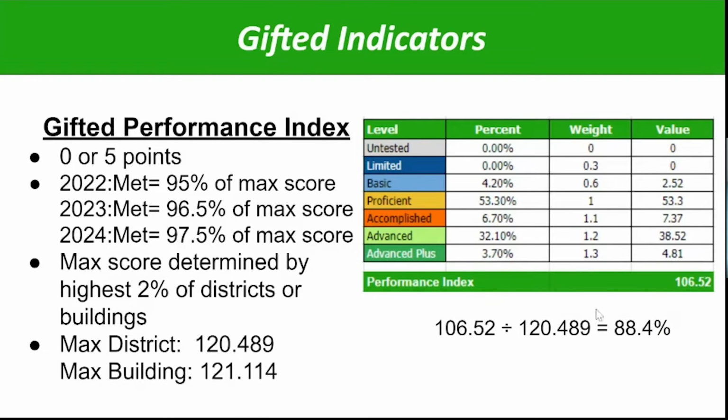And if I divide that, we're going to pretend this was a district, by the max score that we have over here to the left of 120.489, we'll get an 88.4%. And for 2022, that just wasn't high enough. So we needed that 95 to meet that indicator. So in this example, we did not earn the 5 points, and we'll come back and we'll keep that in mind when we add all our points up for gap closing at the end.